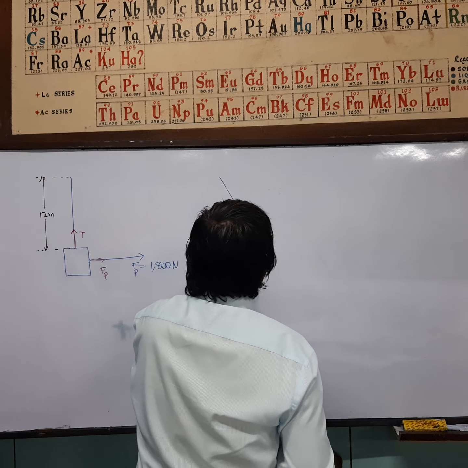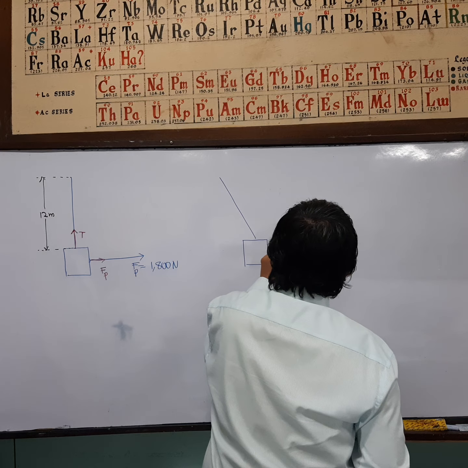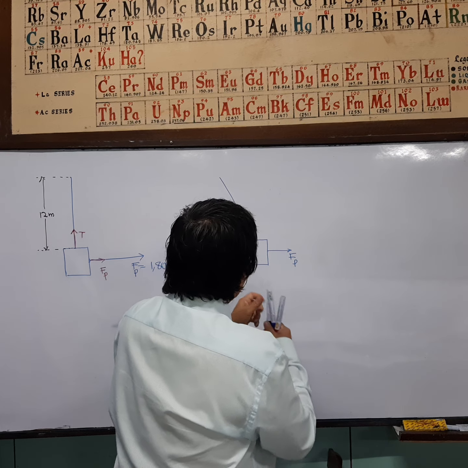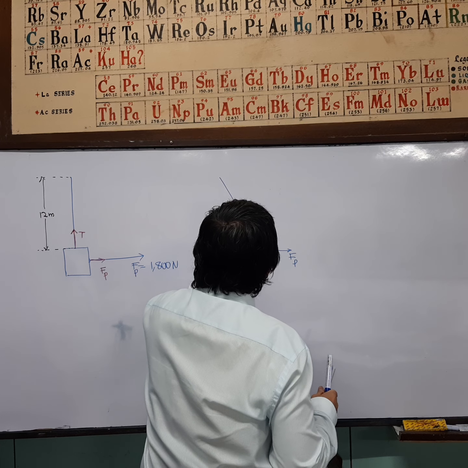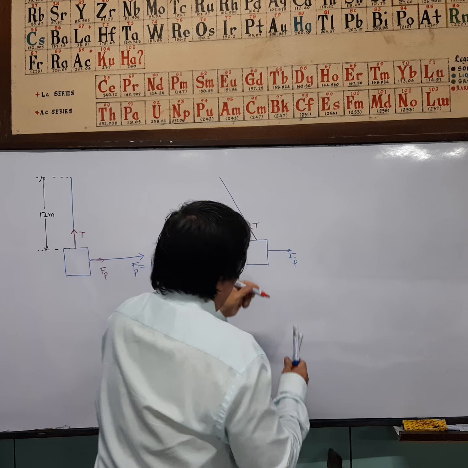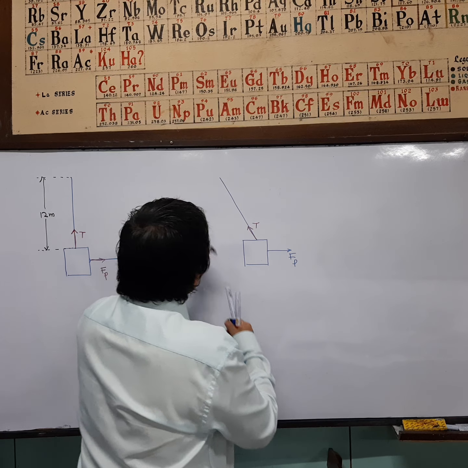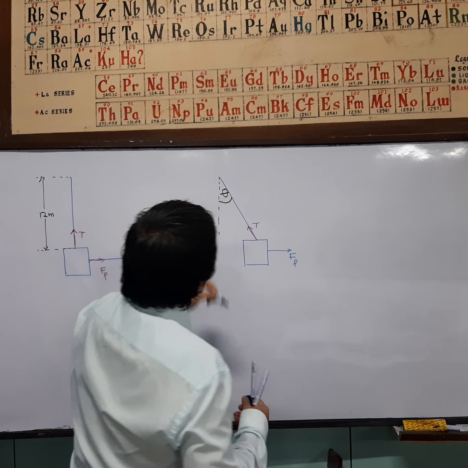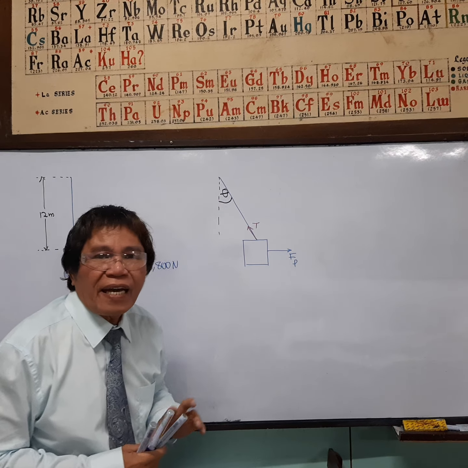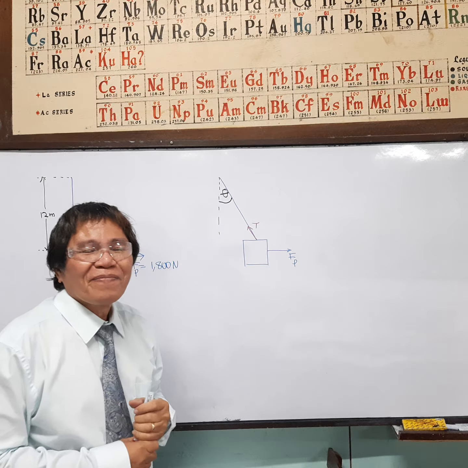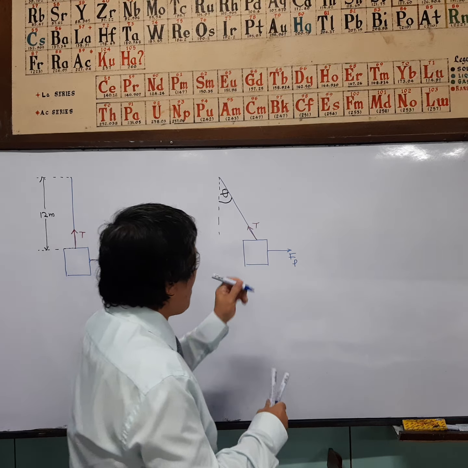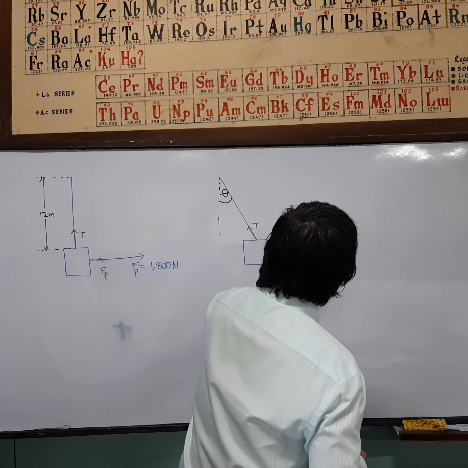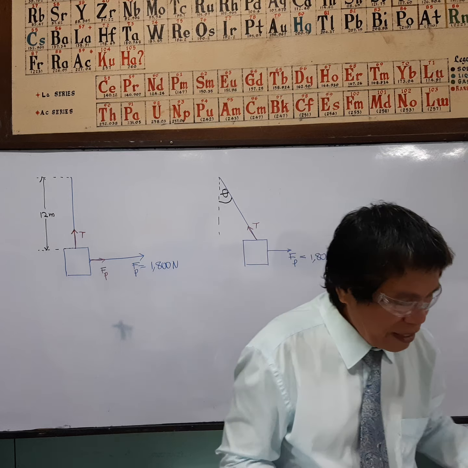You have here the force, F sub P, and you have here the tension, tension T, and you have here the angle theta. That's the angle. What is the angle theta equal to, with the force F sub P equals 1,800 newtons.